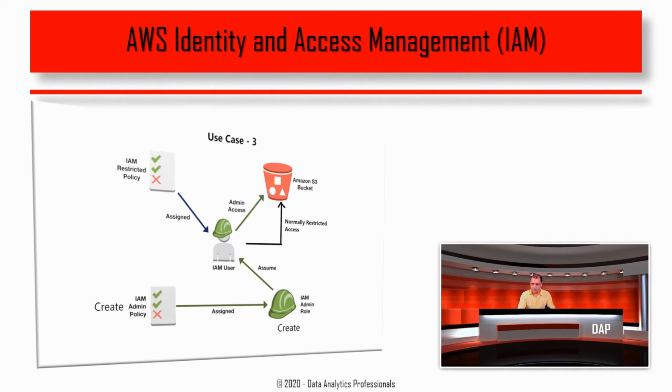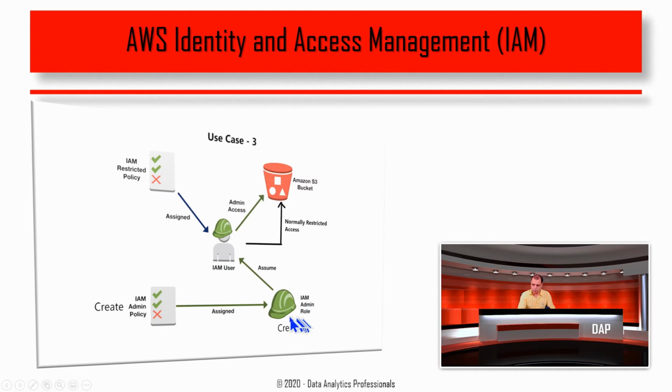Now if you see here, the IAM restricted policy is assigned. It's assigned to the IAM user generally, and normally this user has restricted access to this Amazon S3 bucket. But if this IAM user needs access to this bucket, what is done?